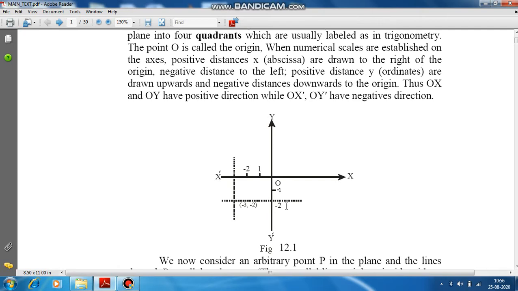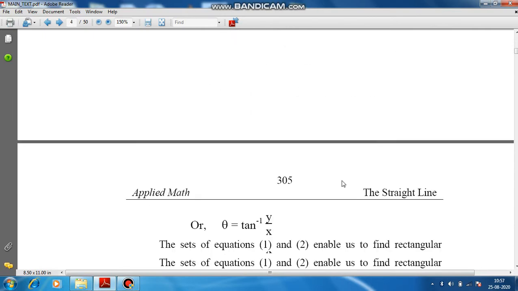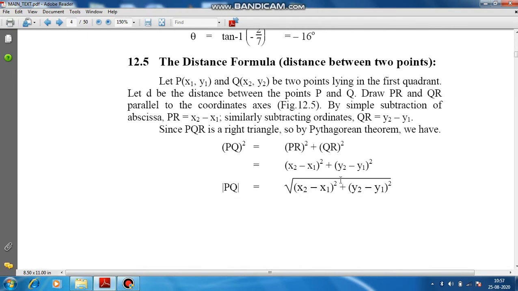In this plane, how a point is plotted, what the sign conventions are, all that you know very well from high school classes. The next thing is the formula for the distance between two points.